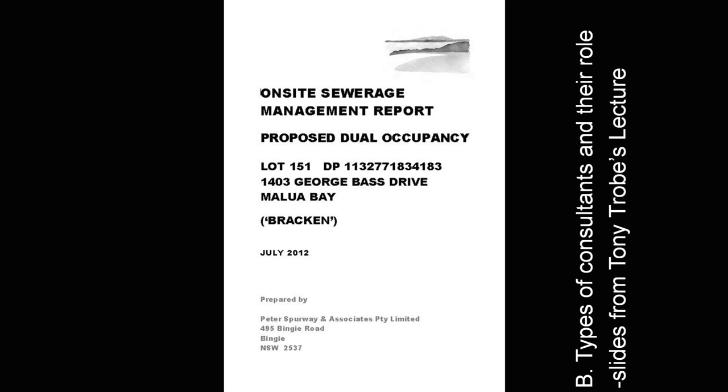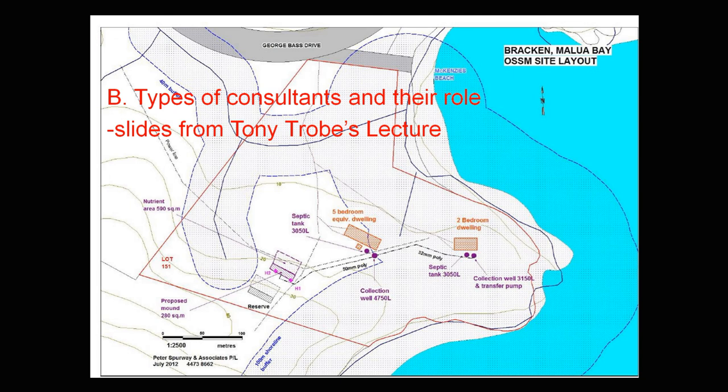Again, what they needed to do here was to produce a design that described where the septic tanks are going to be, and where the septic tank overflows are going to be. Now, the overflows are the processed grey water once they've gone through the septic tank system. What the council needed to know was that this overflow would be contained within the site and would not be damaging towards the flora and fauna of the site.